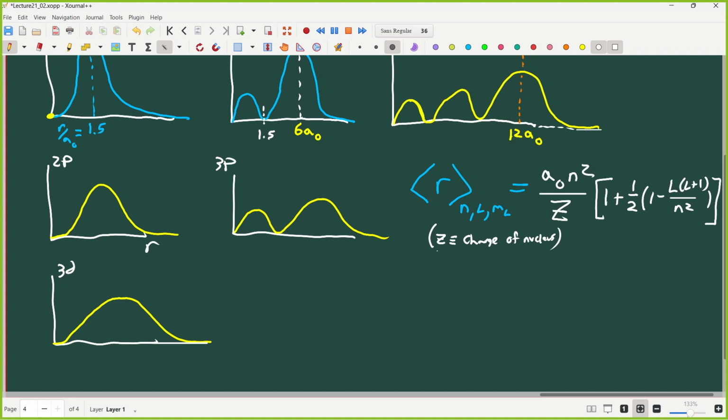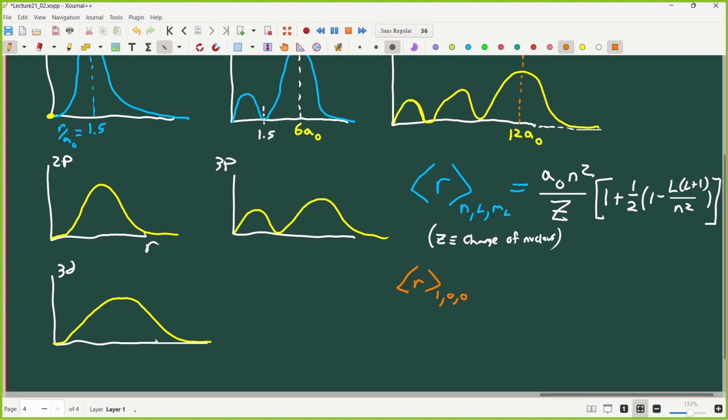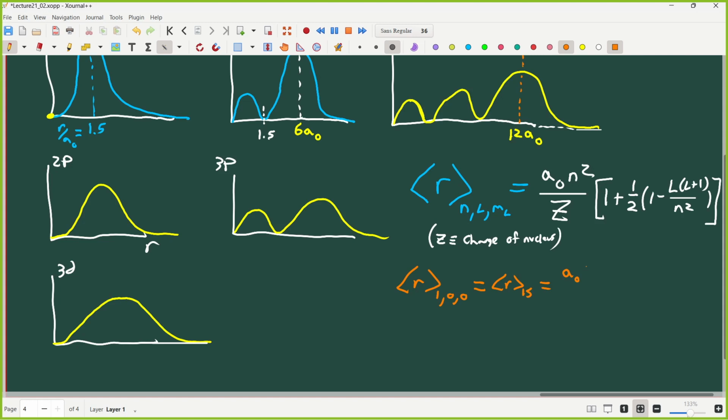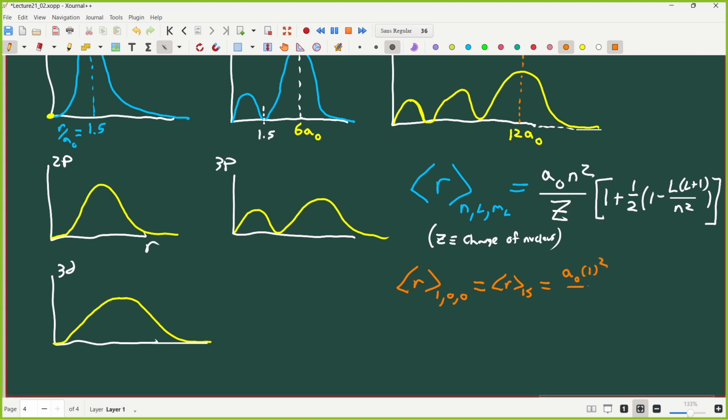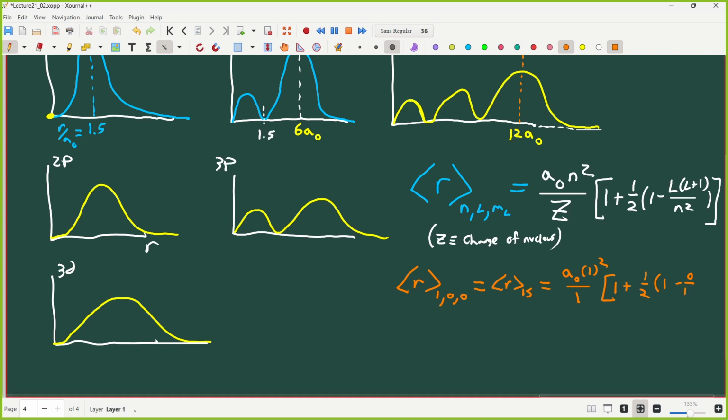Right, so let's look at, for instance, well, we know what r for 1, 0, 0 is. That's the 1s orbital. r for 1s is going to be a naught times 1 squared over 1, times 1 plus 1/2 times 1 minus 0 over 1 squared. Right?